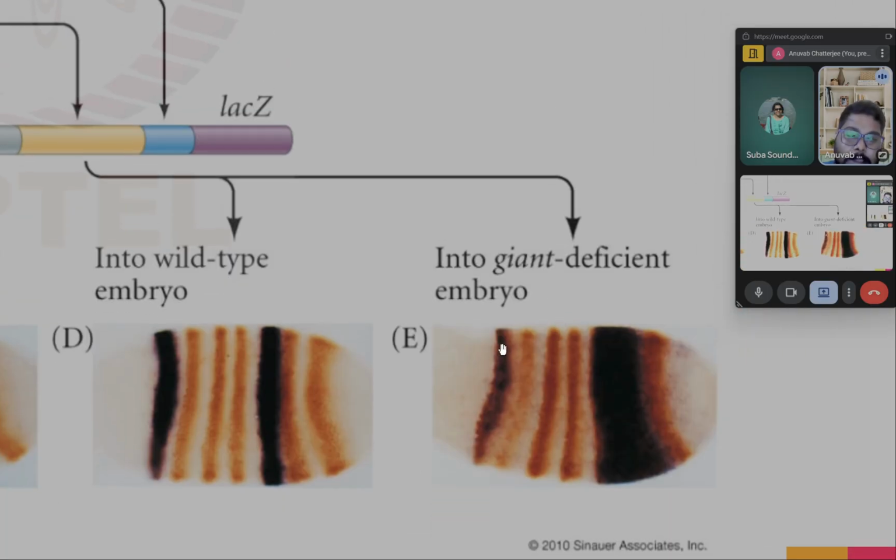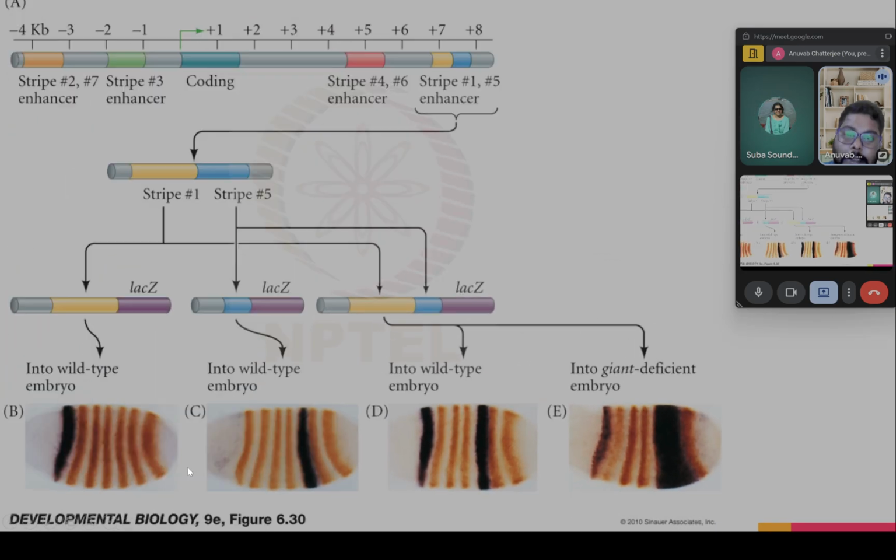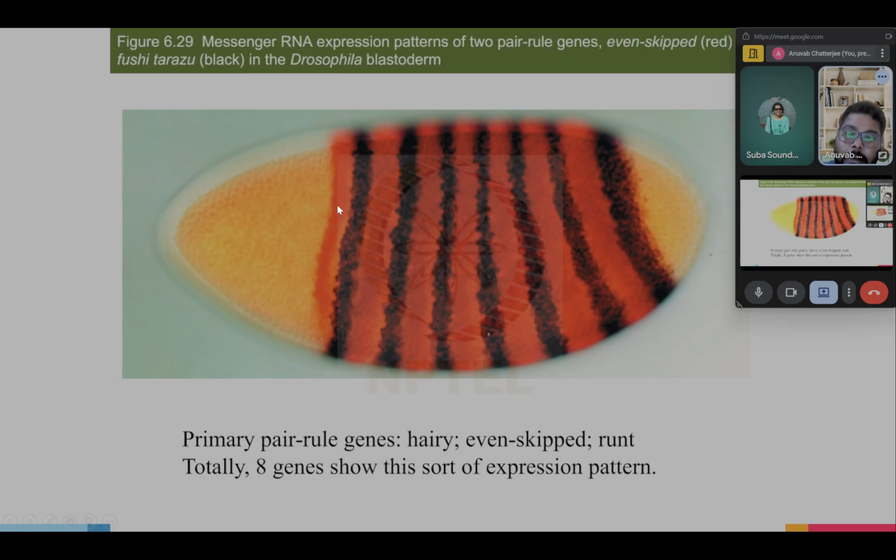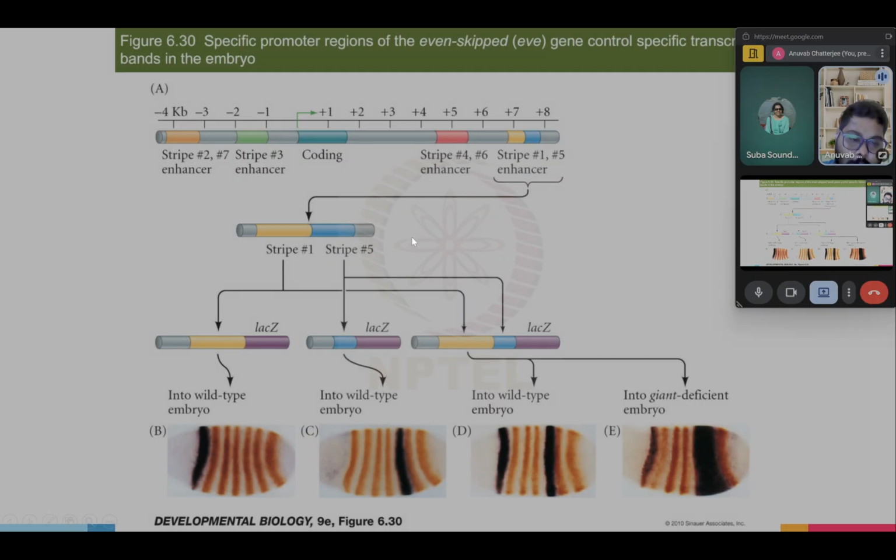How you can say this is that, say there was a staining for a different gene right here, like the example we had seen, where we have two separate genes being stained at the same time. That is why we have an alternate expression pattern. Here we are not staining for two, we are only staining for one.